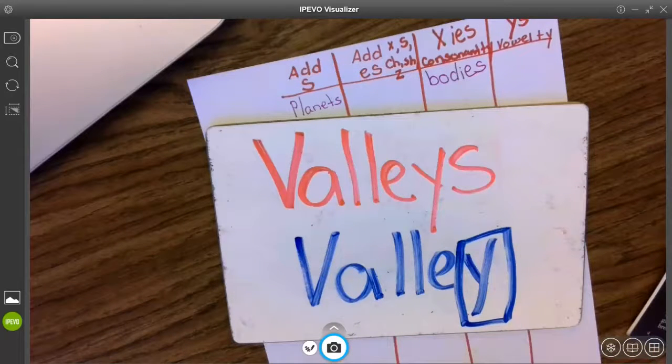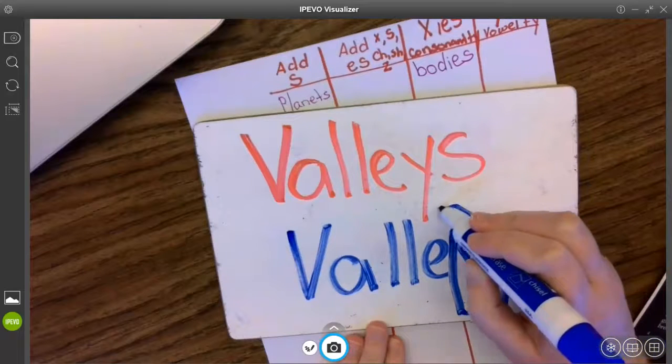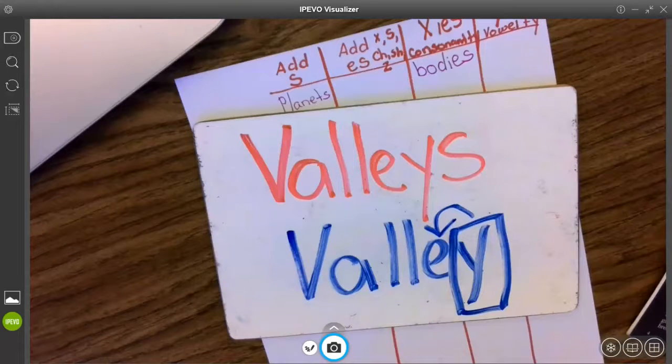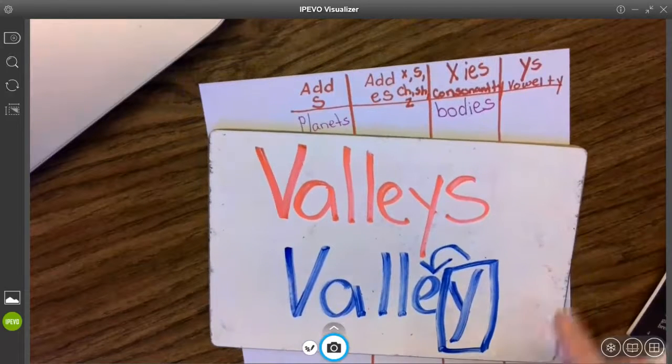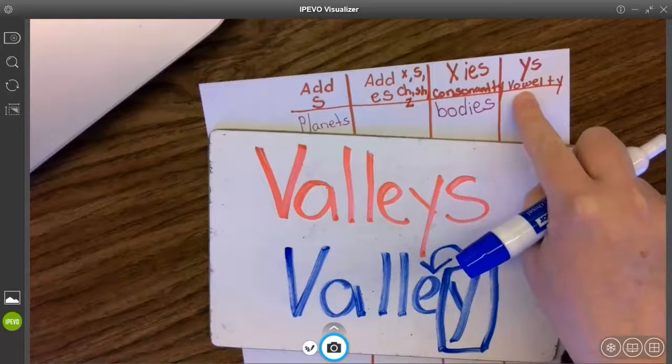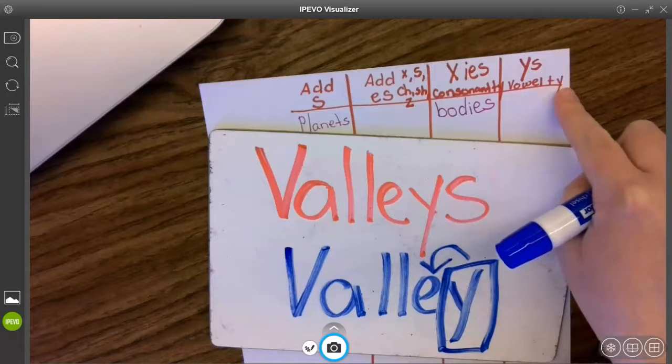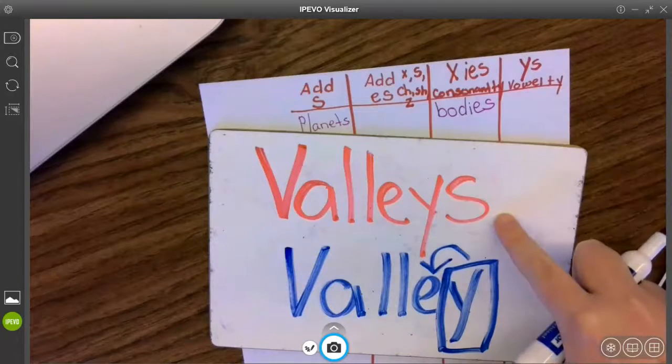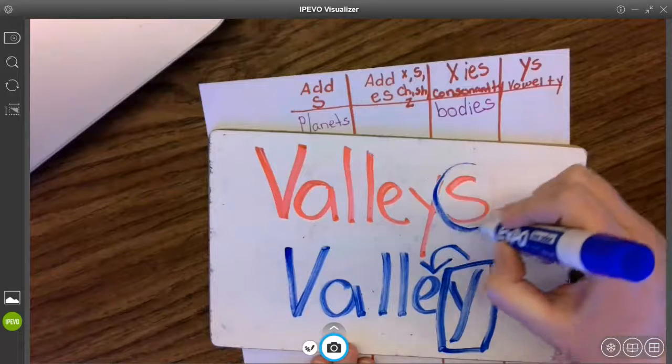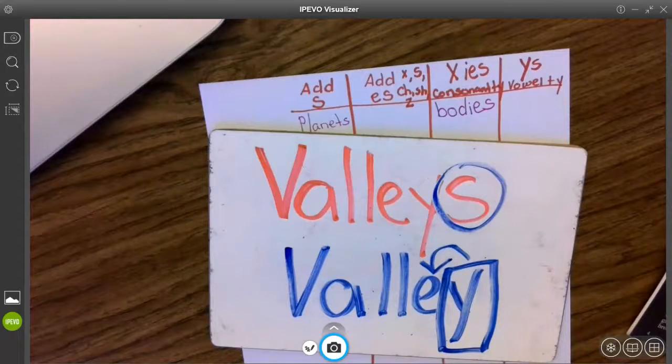Let's look next door. What is next door to valley? Well, that's an E. Is that a consonant or a vowel? E is a vowel. So let's look at our chart here. Oh, if it ends in a vowel and then a Y, we just add S to it. And that's why they just added an S at the end of valleys.